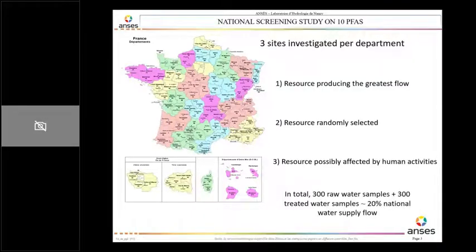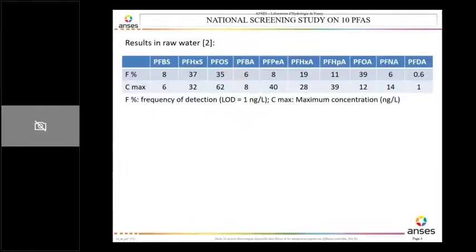In total, 300 raw water samples and 300 treated water samples are analyzed during a national screening study, representing approximately 20% of the national water supply flow. The overall results are shown in the following table.